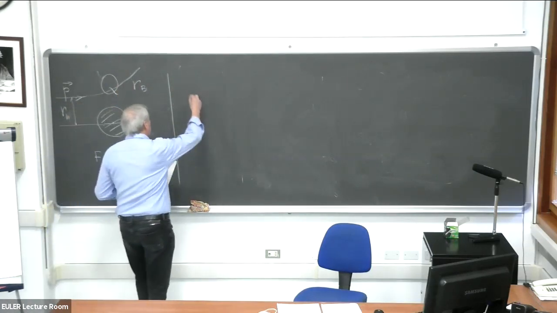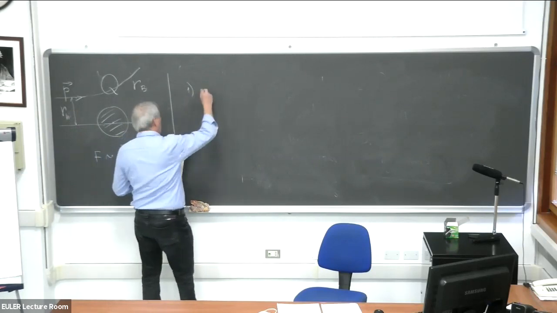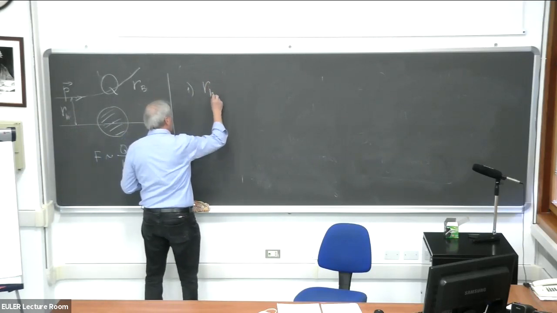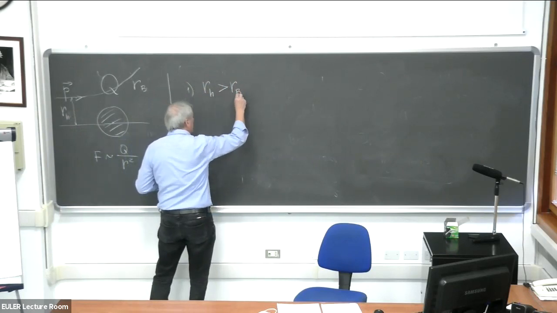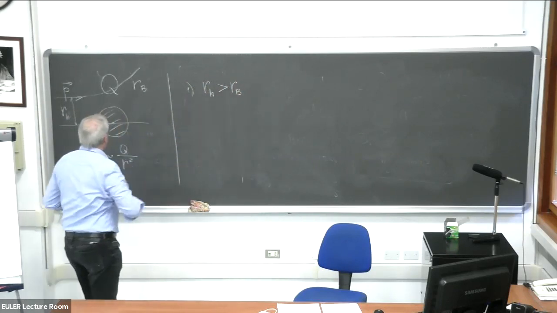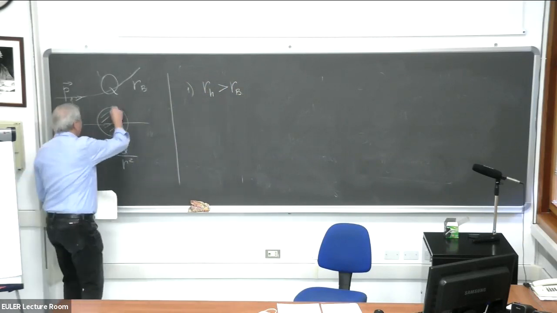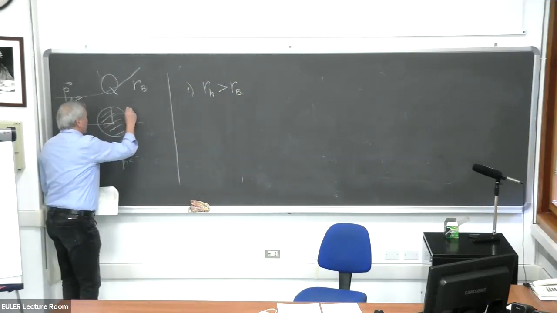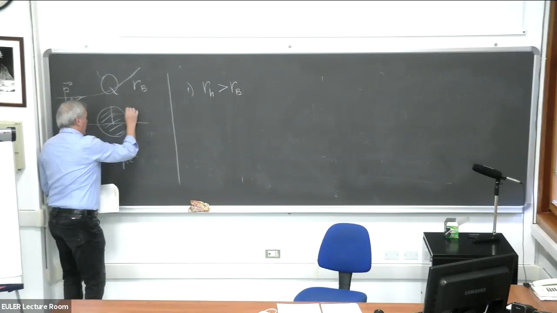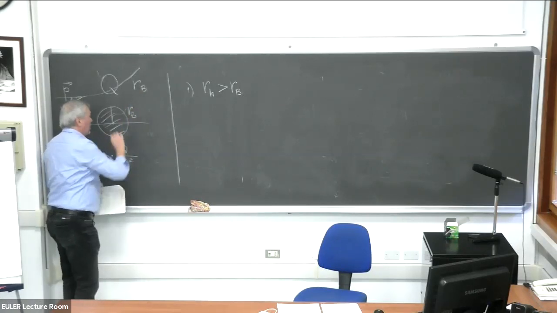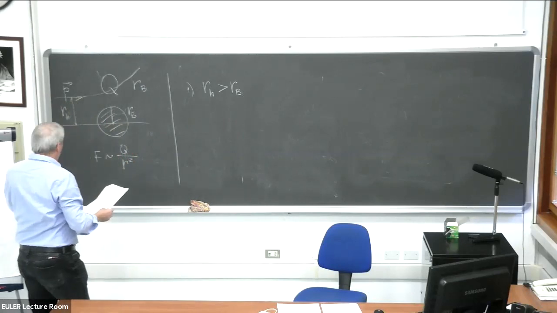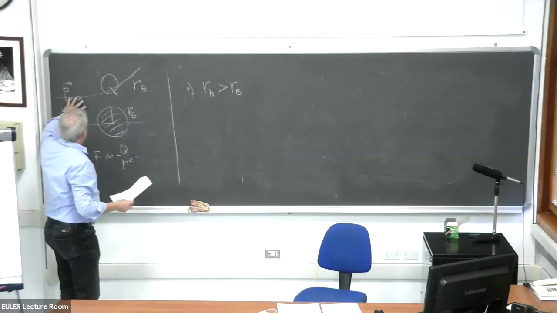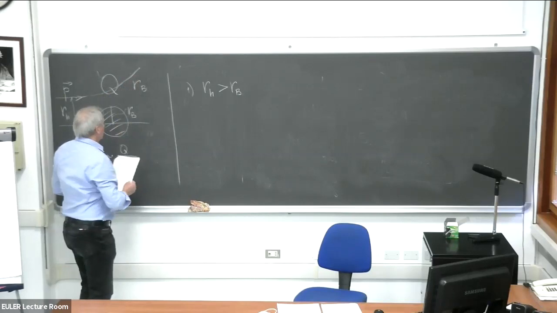Let us consider first the case when the impact parameter is bigger than the radius of this sphere. So this is R_B. And the question is, what is the angle of scattering?